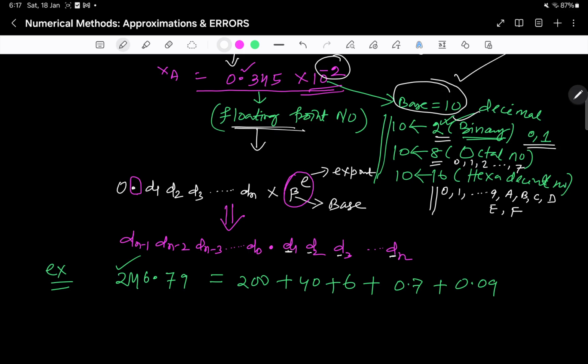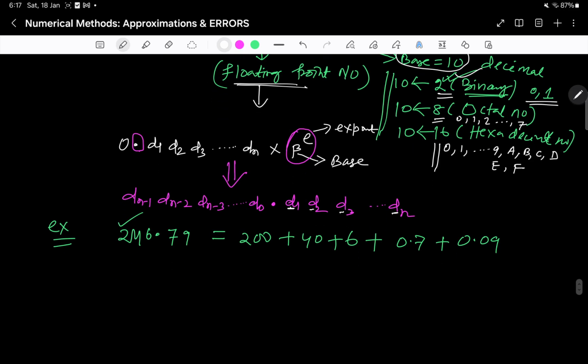Okay, in any way we write, but for a better convention, to correlate it, as I have told you, n is equal to 3 here. From this point of view, it is 2 into 10 to the power 2, because n minus 1, plus 4 into 10 to the power 1, plus 6 into 10 to the power 0.